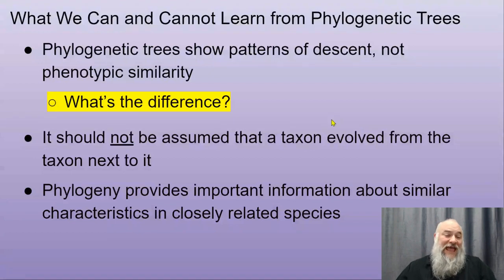So what we can and cannot learn from phylogenetic trees, because they are limited, as is any scientific model: they show patterns of descent, not necessarily phenotypic similarity. So what's the difference there? Well, phenotypic similarity is, you have similar traits.